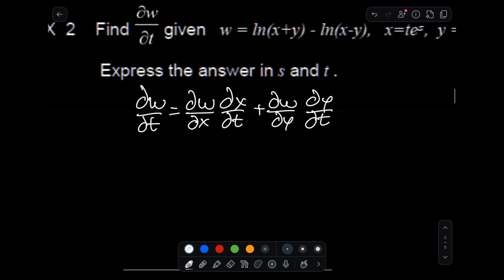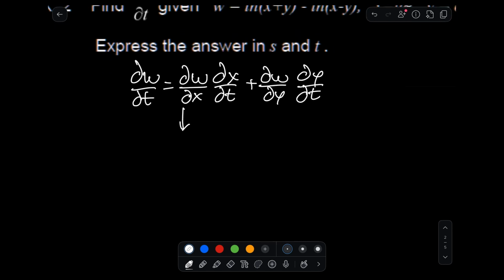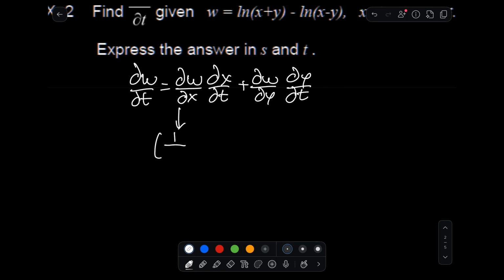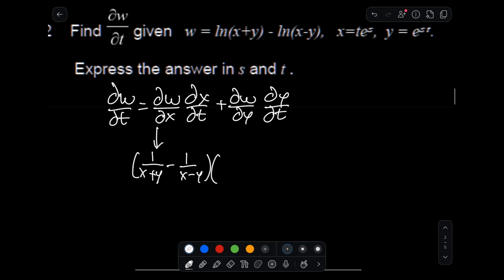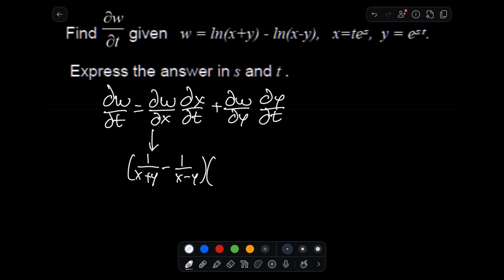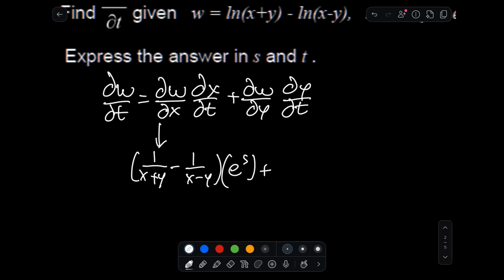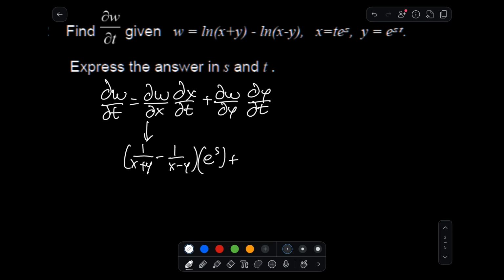And then we have ∂w/∂x, which is just going to become 1 over x plus y minus 1 over x minus y. dx/dt is, taking the derivative with respect to t, going to be e to the s. ∂w/∂y is going to be 1 over x plus y minus negative 1 over x minus y, so plus, times, since t is the variable we're differentiating with respect to, the derivative of e to the st, so it's going to be s e to the st.